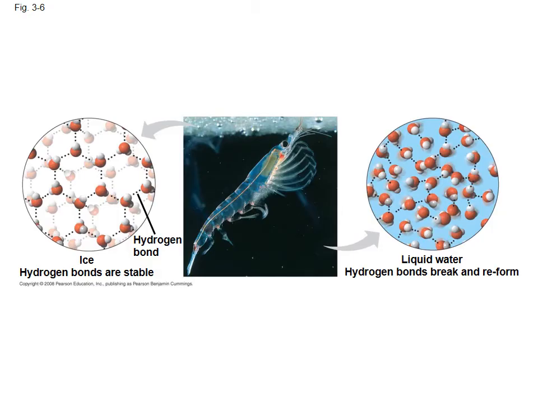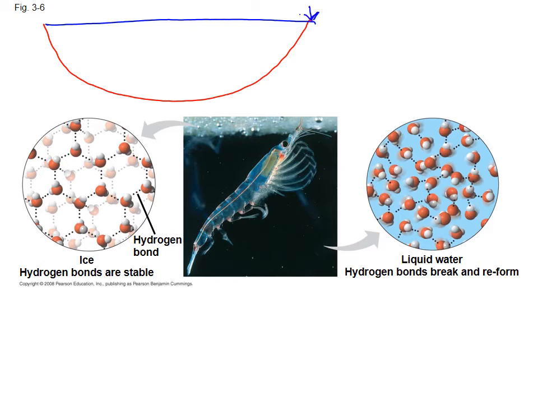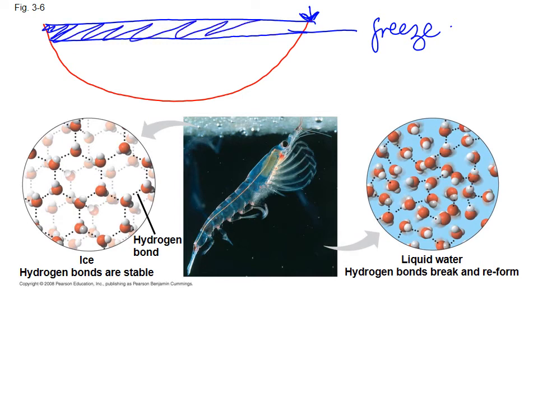In the winter months, a water body has water and the temperature of the atmosphere is low, so it starts to freeze. Rivers and lakes and so on, they freeze at the topmost layer. And below that, it stays liquid.